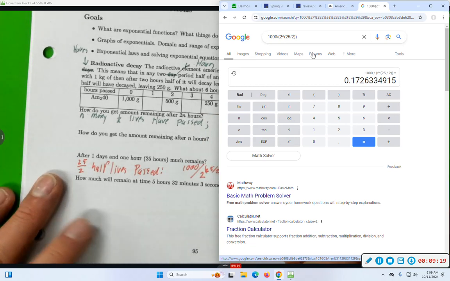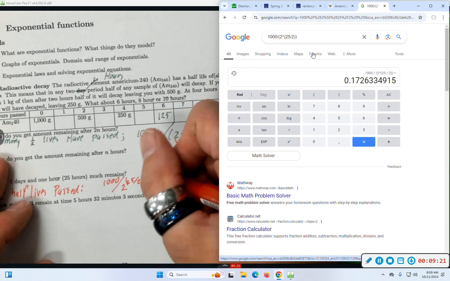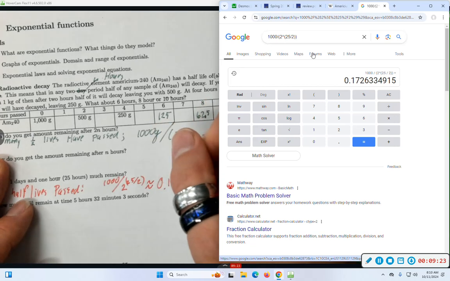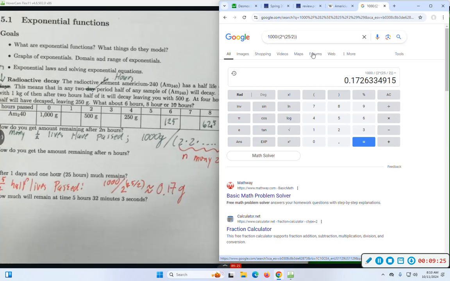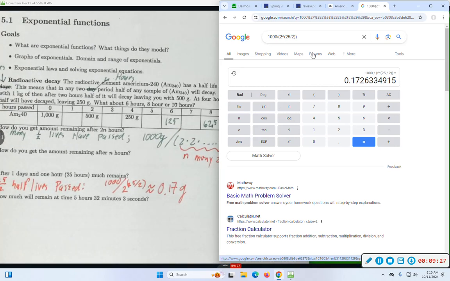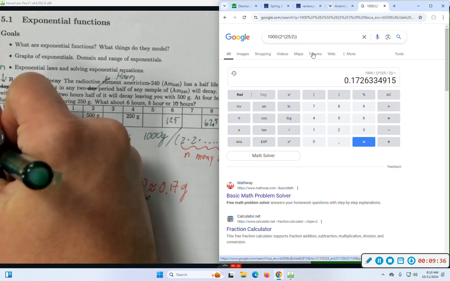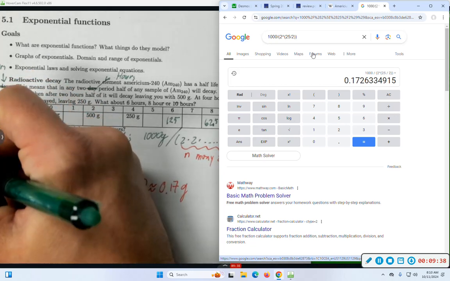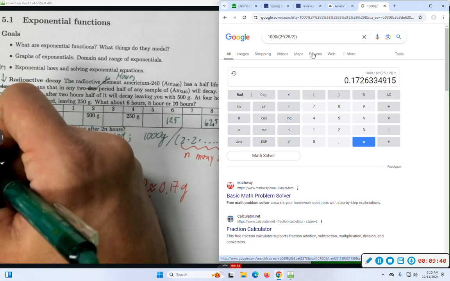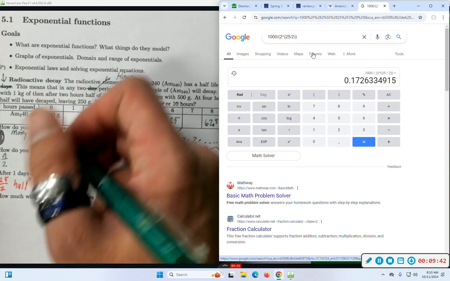That is about 0.17 grams. That feel pretty okay? In general, if you wait n hours, what do you need to do to know how many half-lives have passed? Well, n over 2 many. For every 2 hours, 1 half-life passes. So if you wait n hours, n over 2 is the number of half-lives.